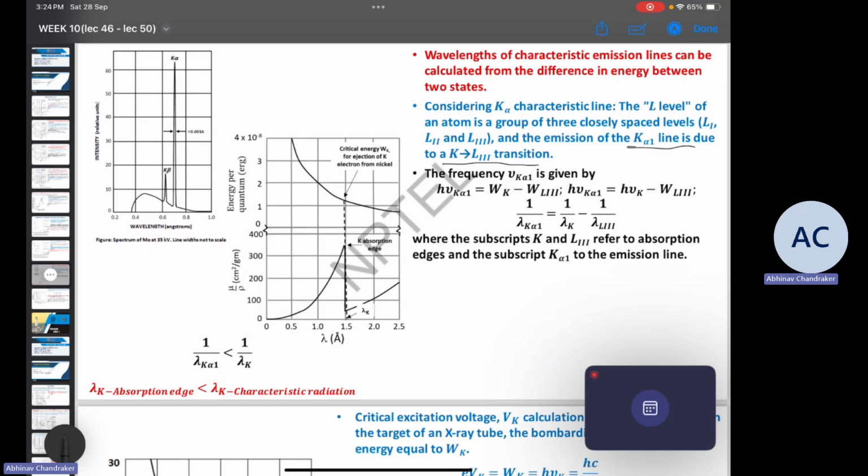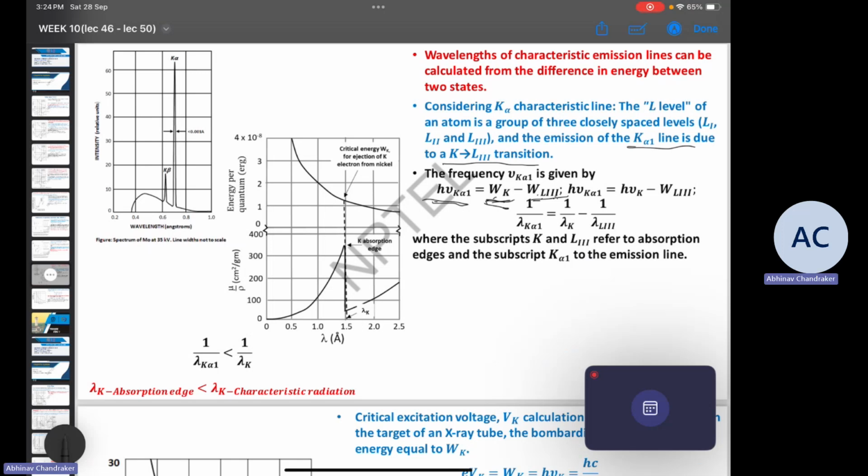So here also the same thing is being shown. The difference between two different levels, corresponding to two different excited atoms, you can say, will correspond to the energy of the X-ray beam generated as a result of the transition between them.